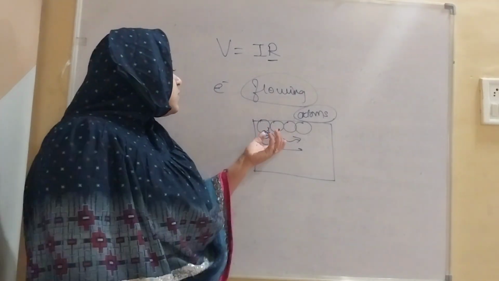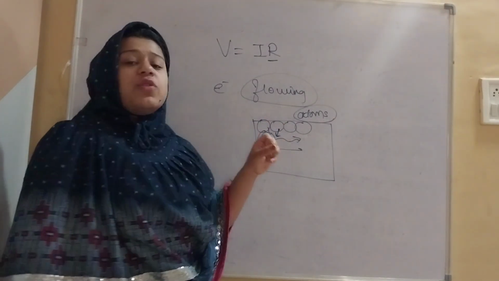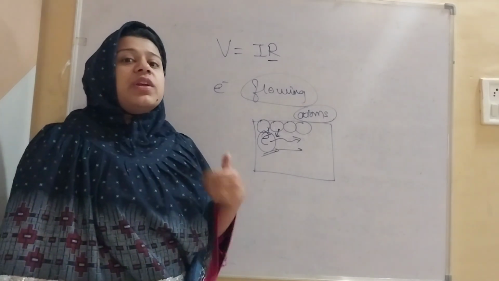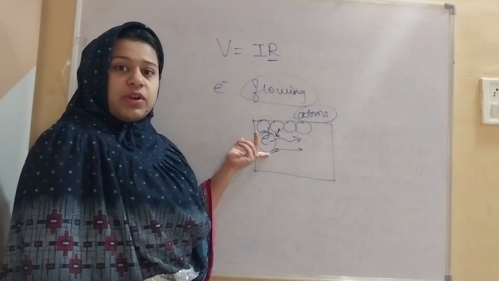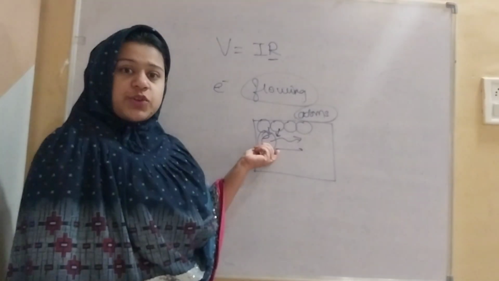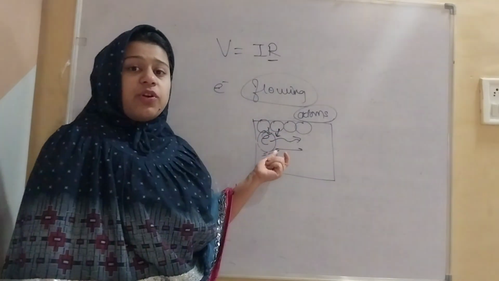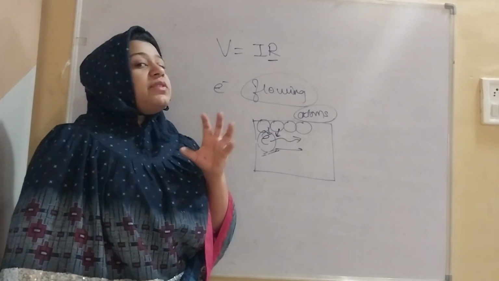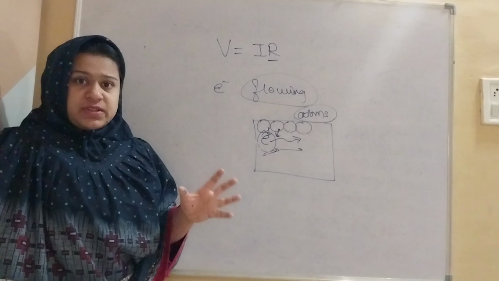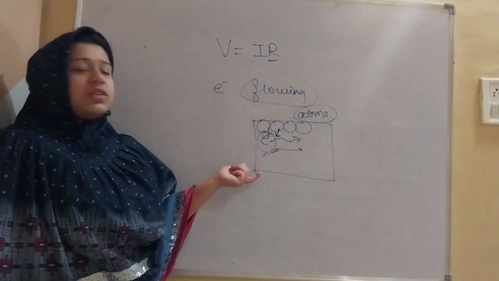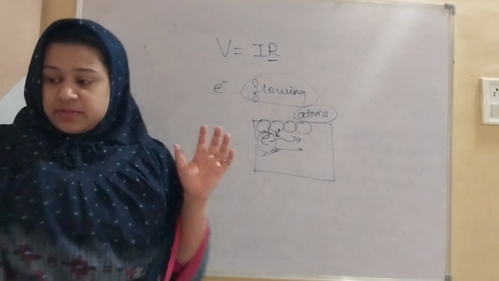Those nucleons exert a force of attraction which is known as a nuclear charge on the electron. Due to this force of attraction, the movement of the electron is not so free and is restrained or restricted. Okay? So this is the reason for the resistance inside a conductor.